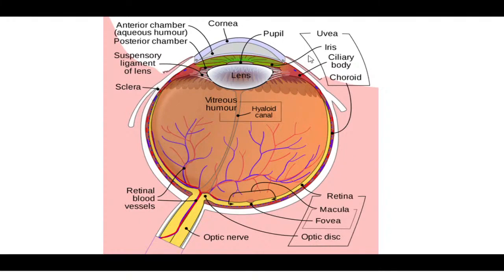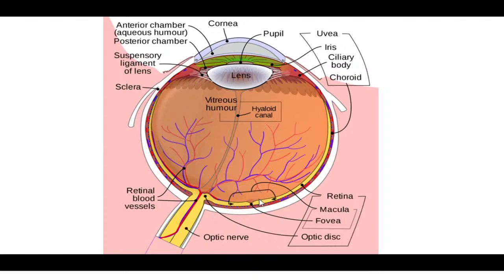Next we have seen the retina, tunica interna, retina. In retina we have seen macula, which is named fovea centralis.